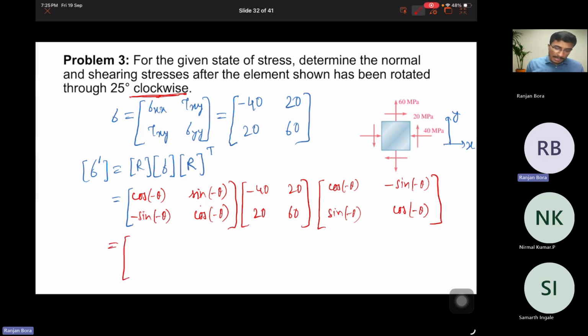Now cos minus theta is cos theta and sin minus theta is minus sin theta. Here it will become plus sin theta.